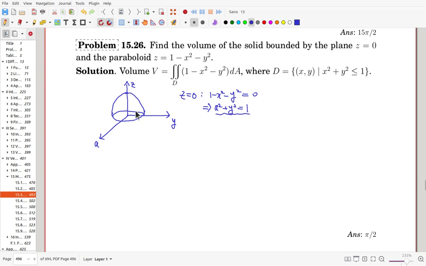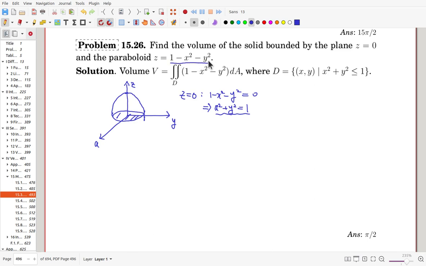Okay, so that bottom is the circle of radius 1. Here, radius is 1. Okay, so we may consider the solid defined over the domain, which is the circle of radius 1, and having height now given by this function.